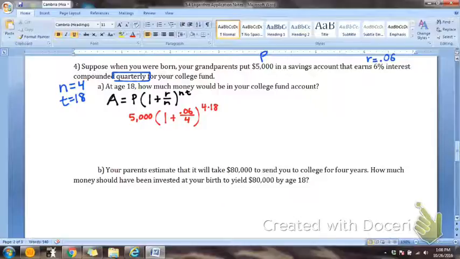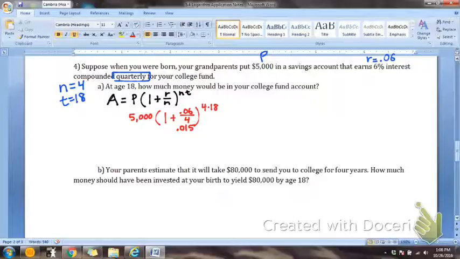Before I start plugging this into my calculator, let's simplify some things. What is 0.06 divided by 4 in your calculator? 0.015. Check that again, Anthony. 0.06 divided by 4.